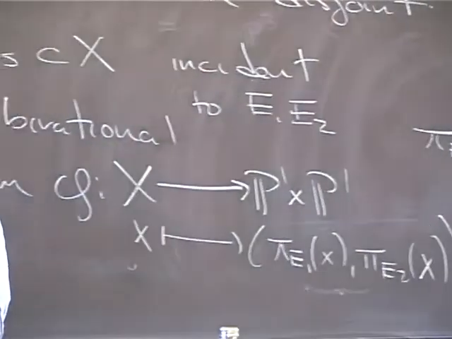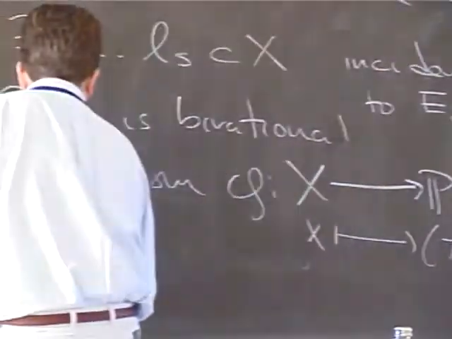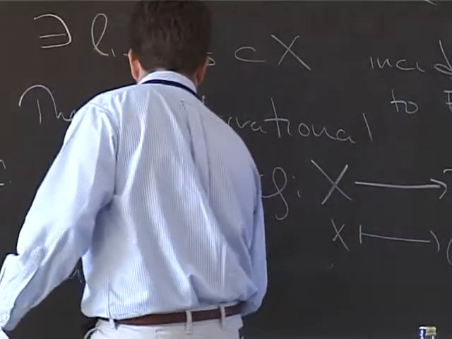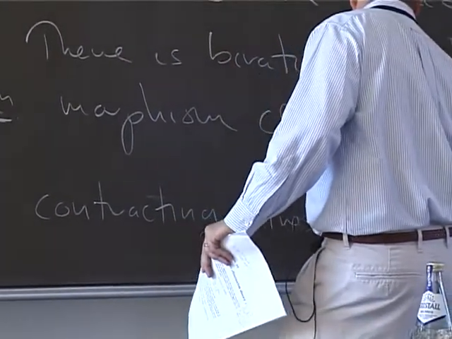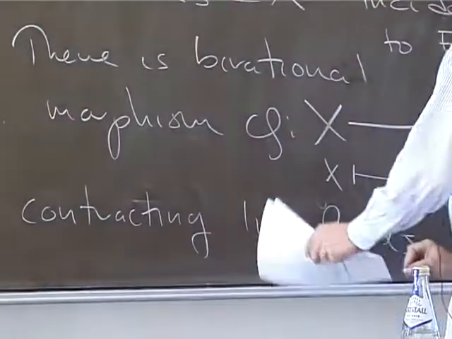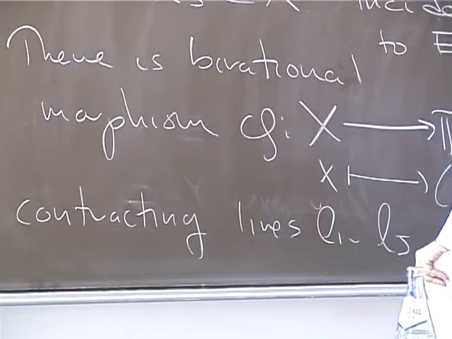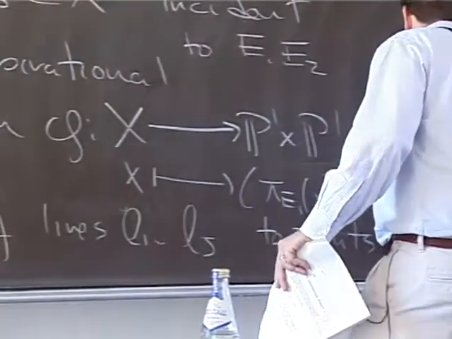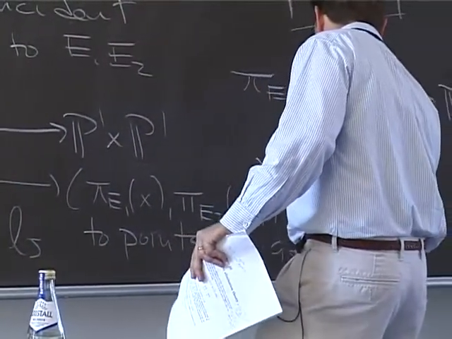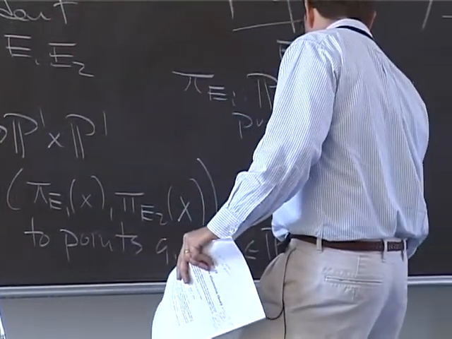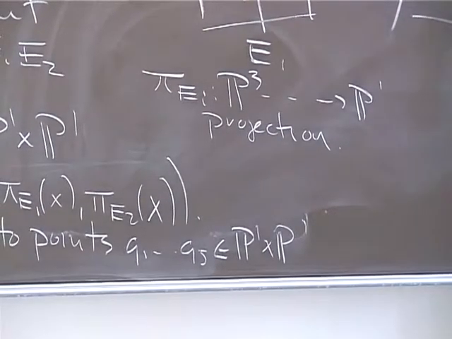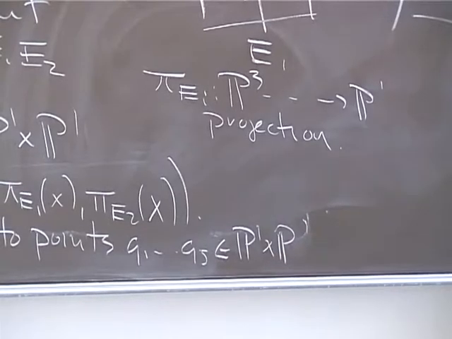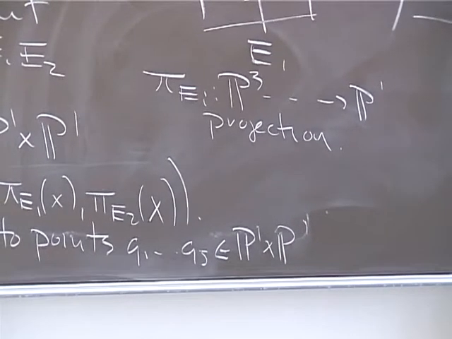This contracts the lines L1 to L5 to points. If I were careful, I could tell you that these points are in general position in some sense, which I don't want to take the time to explain now.